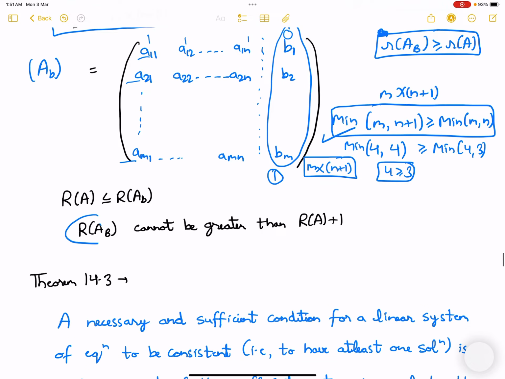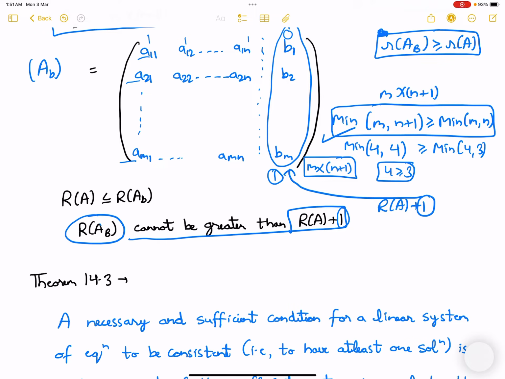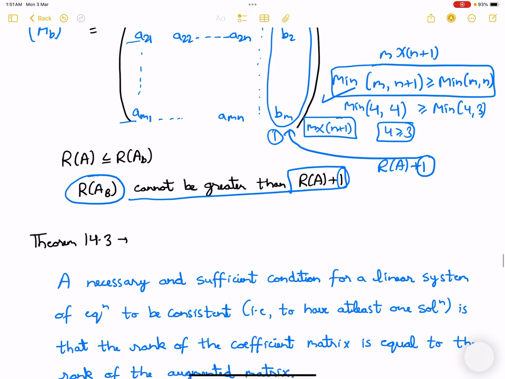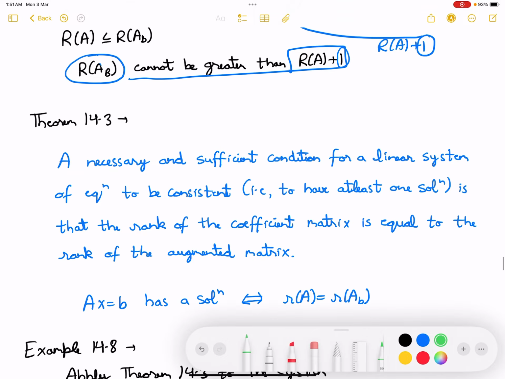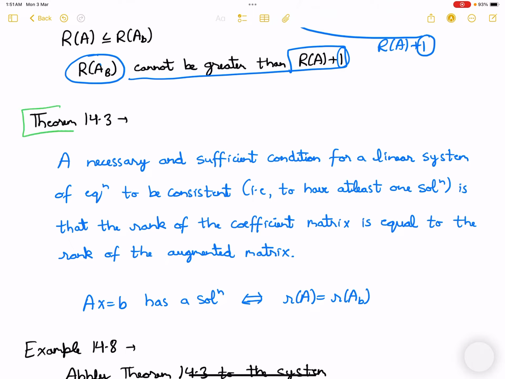So the rank of A augmented B cannot be greater than rank of A plus 1, because rank of A augmented B can be more than rank of A by 1 only due to the new column which is being added. Okay, now moving forward, theorem 14.3. These concepts will become clearer once we start solving the questions.